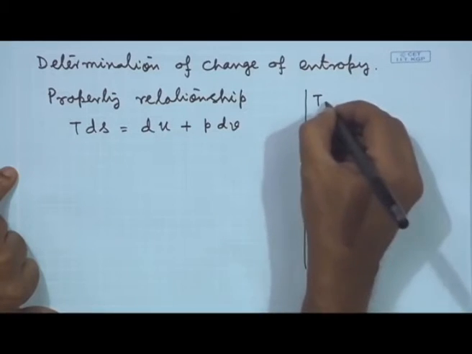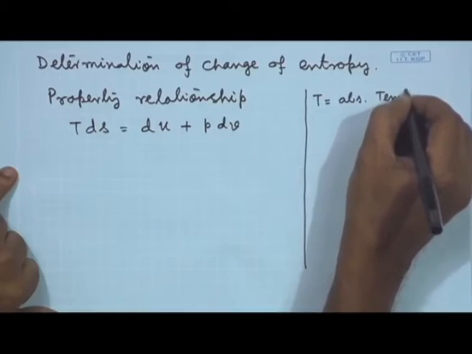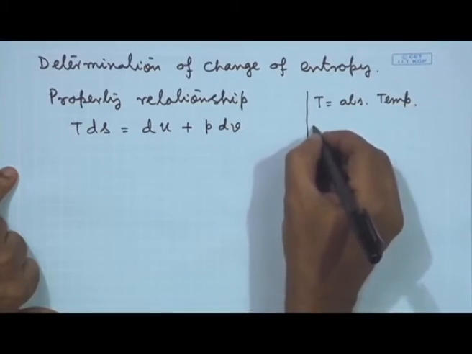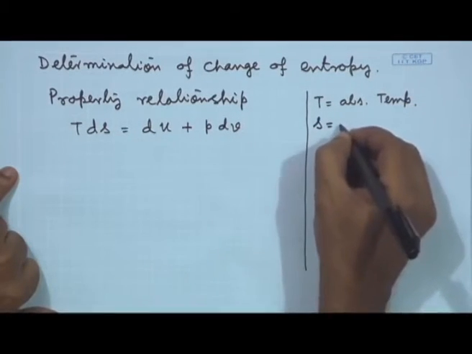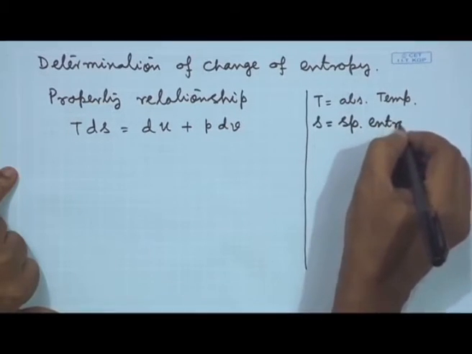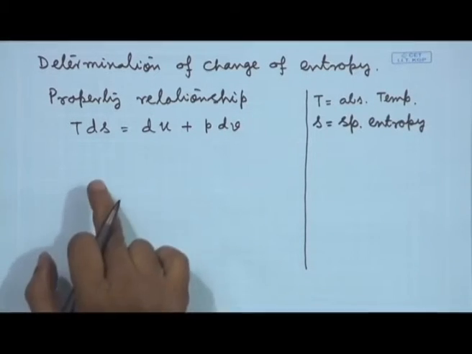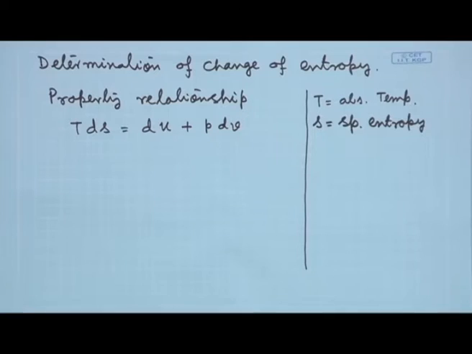T, as we already know, is absolute temperature, and s is specific entropy. You see, I have used small letters: for s, u, and v.